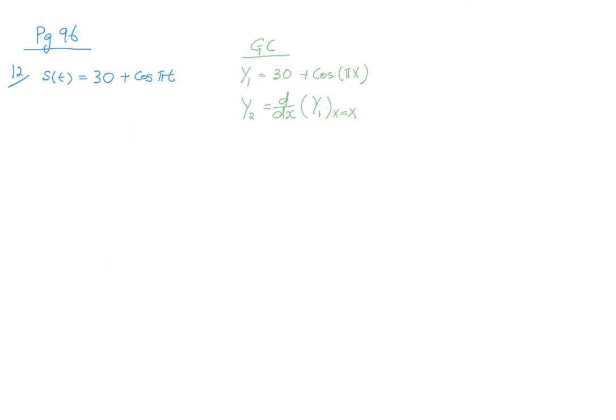Are you done? Yeah. So you just need to V0. Okay. Calculator. So you use your GC. You call out y2. Then you put 0.